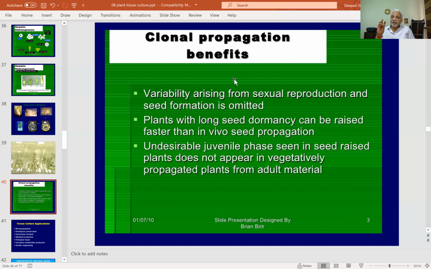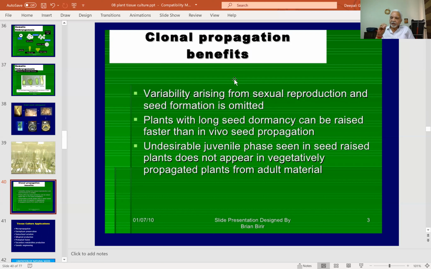Secondly, the seeds generally show dormancy, means after the seed is produced, it undergoes a period of rest, what we call dormancy. Now, that is also a negative aspect of seed propagation. If you have a seed which takes 6 months, 1 year as a dormancy period, as against the somatic embryo pathway, which can be immediately germinated and give you a plantlet immediately.